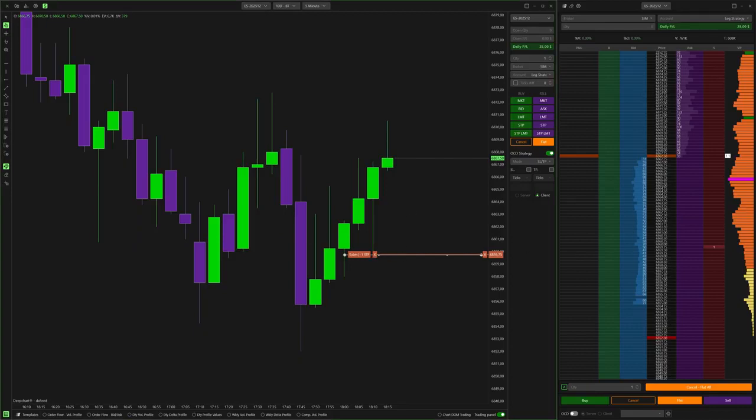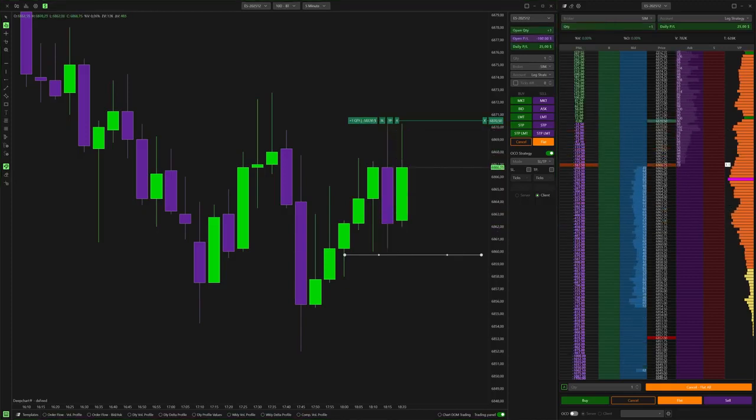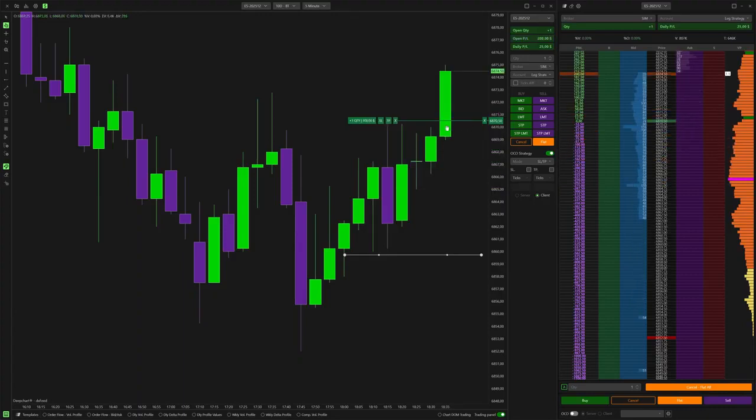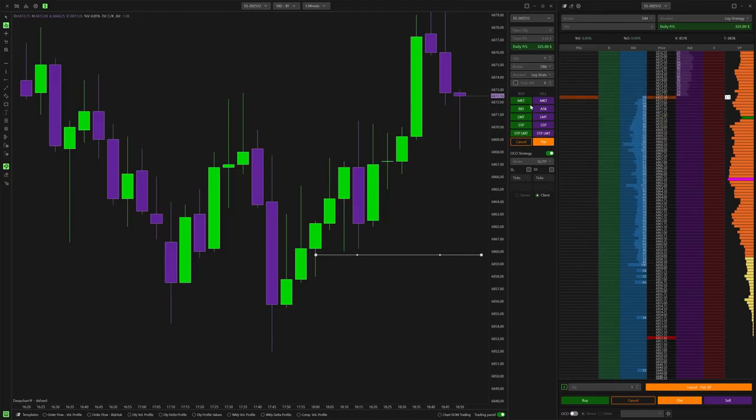Same thing, if, for example, I want to buy, I can place a buy stop only if I see this candle broken up. And there you go. I get filled. And price broke out and we're profiting, so that's awesome. Okay, and that's how buy stops and sell stops work.